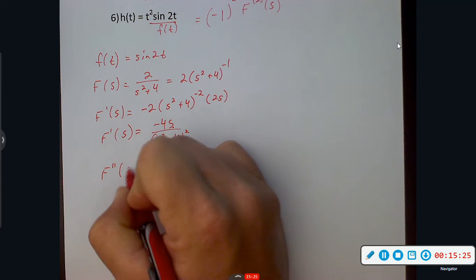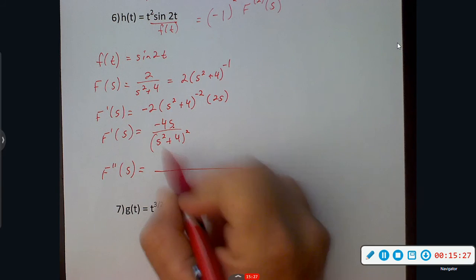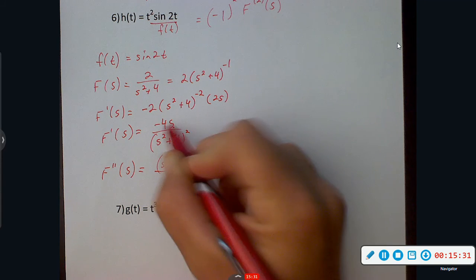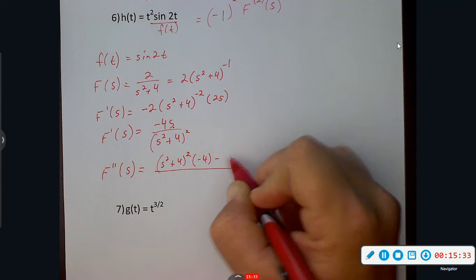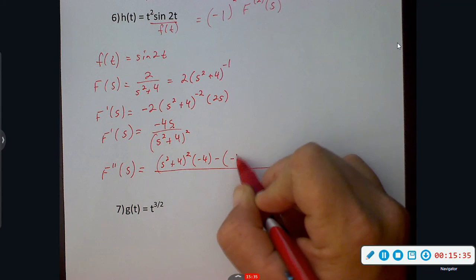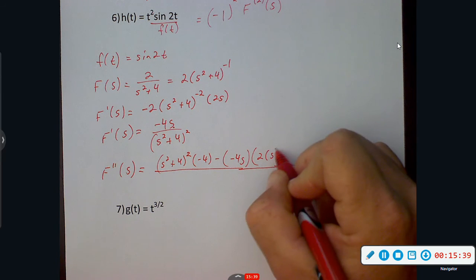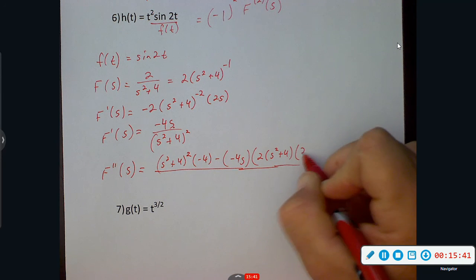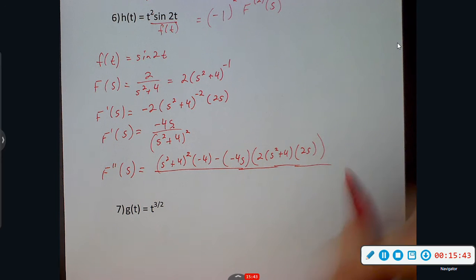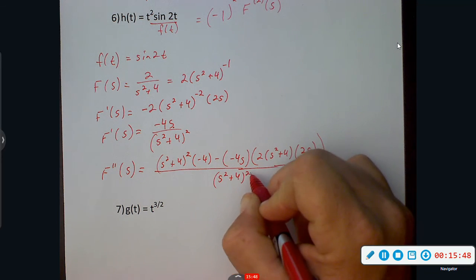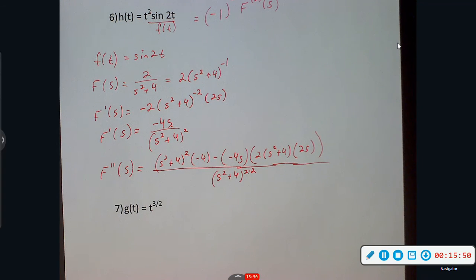So the second derivative: low d high, derivative of the high would be negative 4, minus high d low. Derivative of the low would be 2 times s squared plus 4, chain rule to 2s, all over low low, squared squared. So it's going to be 4 in the bottom.